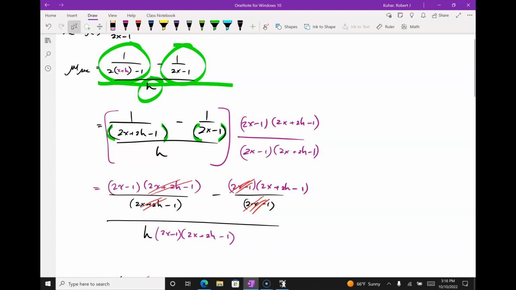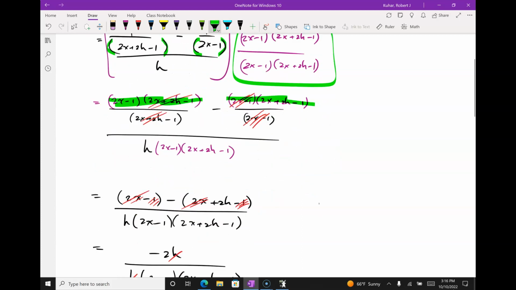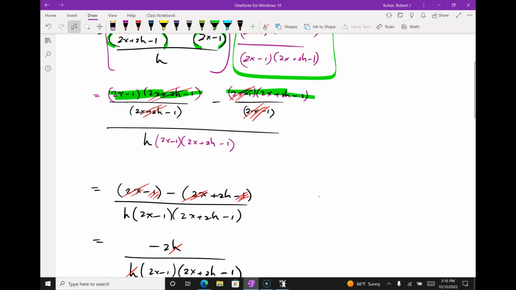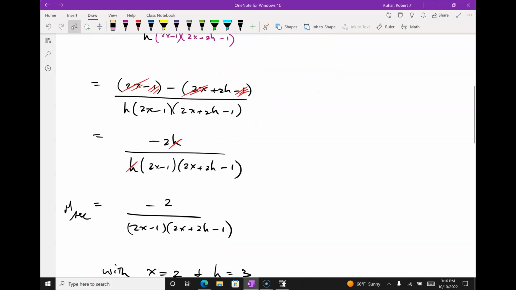So I take that LCD over itself right here in the purple. I distribute through to numerators. You can see my purple numerators in the original black, right? I cross out the things that cancel. I rewrite, take my time, right? And then finally get to my difference quotient.